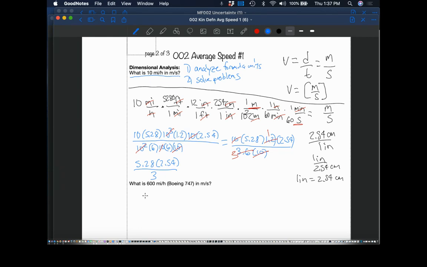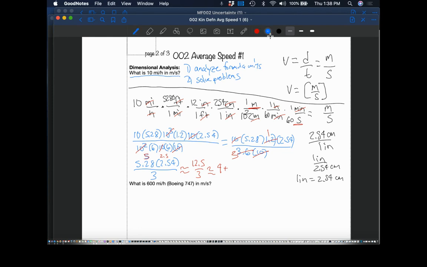This number 5.28, I'm going to say is close to 5. And 2.54 is about 2.5. So 5 times 2.5: 5 times 2 is 10, and 5 times 0.5 is 2.5, so we have 12.5 over 3. Well, you can see that 12 can be divided by 3, 4 times, nicely, and so we're looking at an answer of about 4 or a little higher.